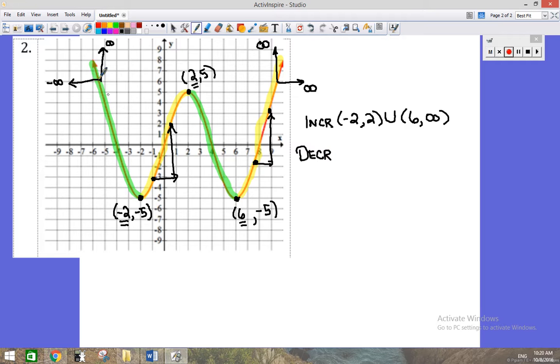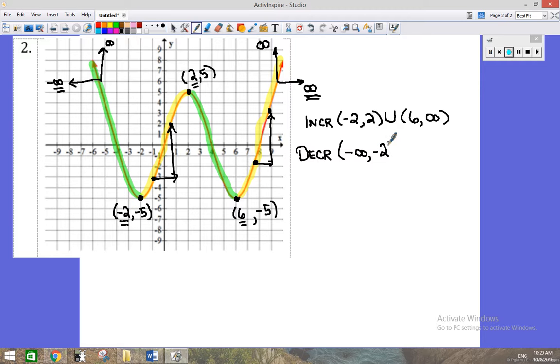The decreasing, where it's green, I've hit this arrow, and remember the x coordinate of the arrow coming from the left here is negative infinity, all the way to the x coordinate of -2.